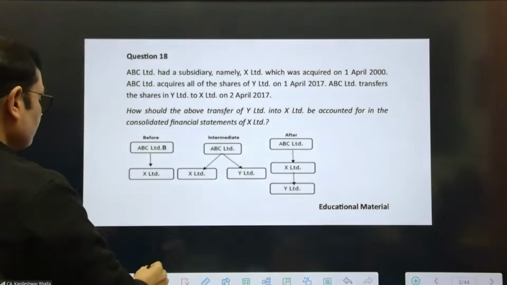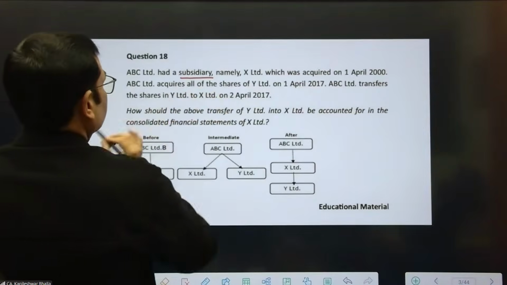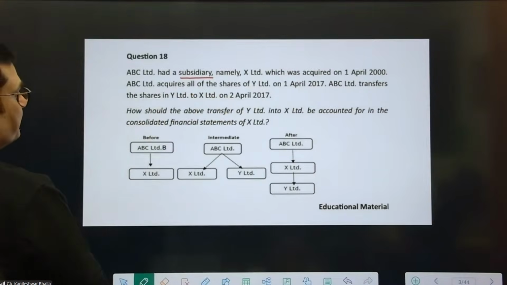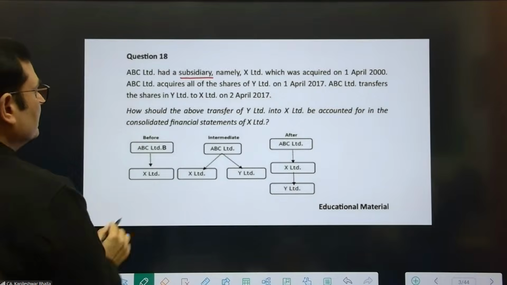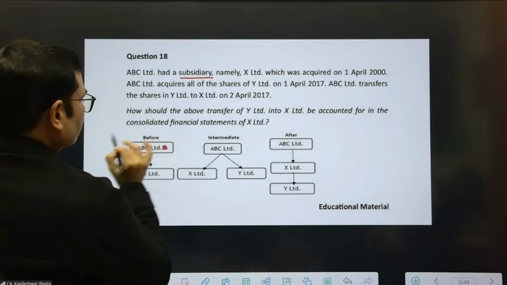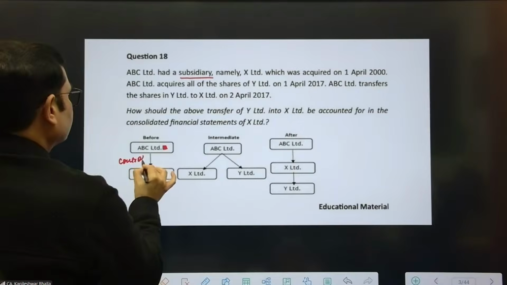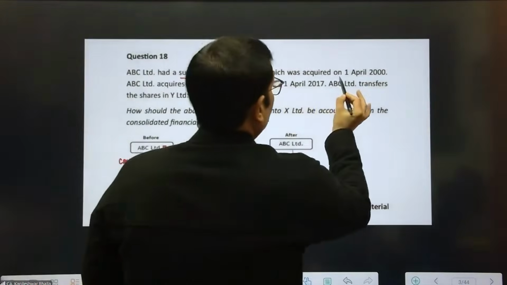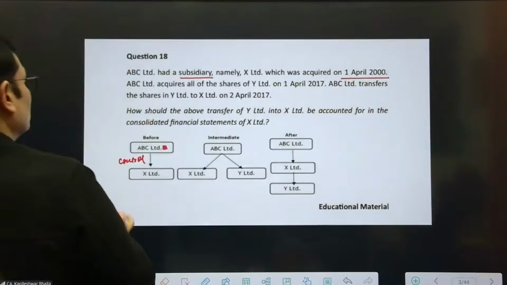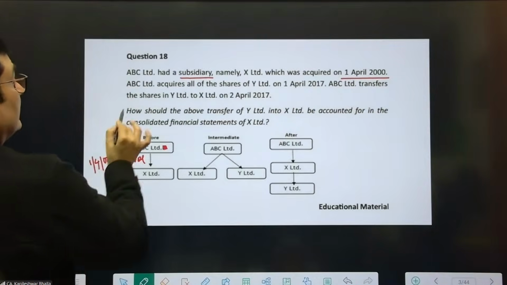Let's have a look. It says ABC had a subsidiary, namely X Limited. So you can say that ABC has got control over X Limited. This control was acquired on 1st April 2000.